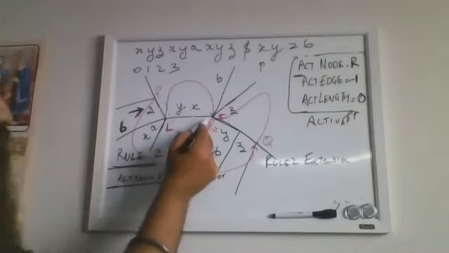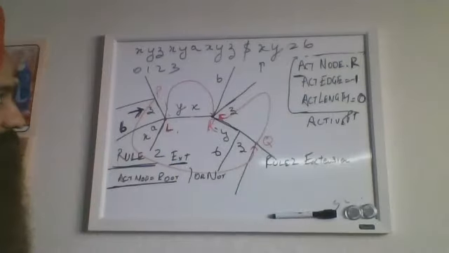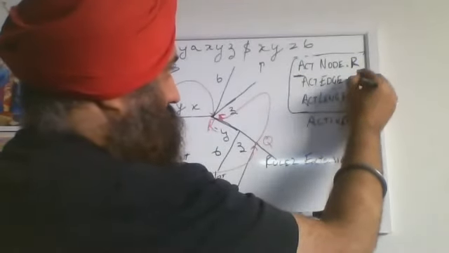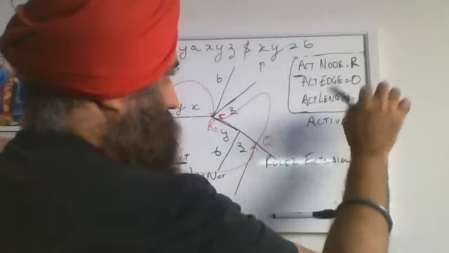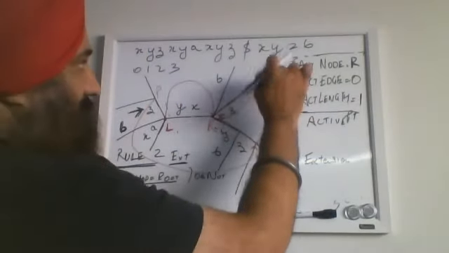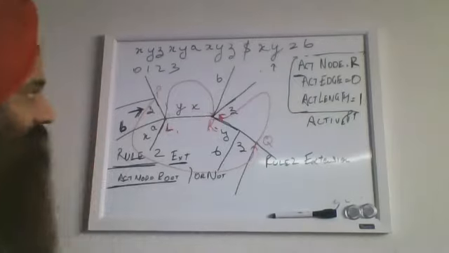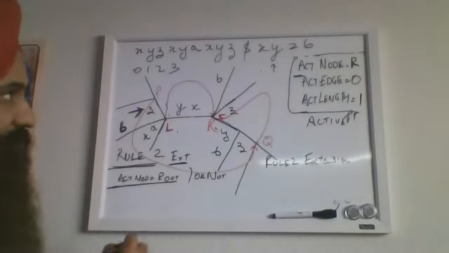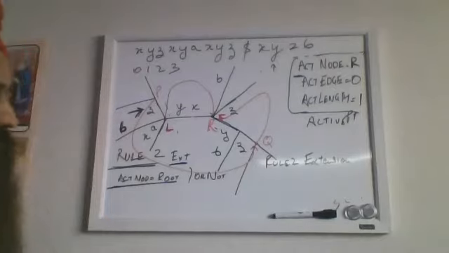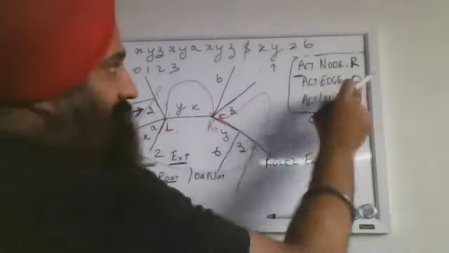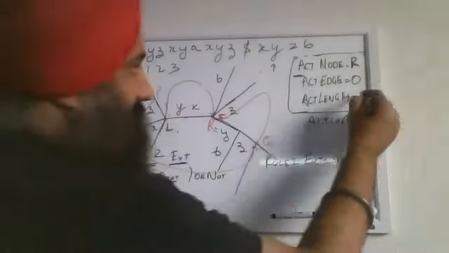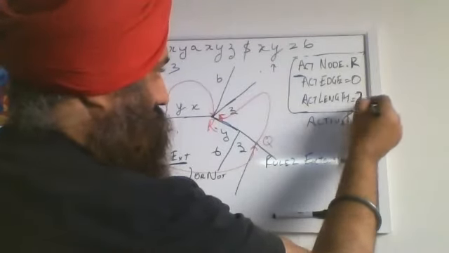We see from root, x is already present, so our edge becomes 0 and length becomes 1. Now we move to the next, y is there. So your active node remains the same, edge also remains the same, you are moving in the direction of x, and your length becomes 2.